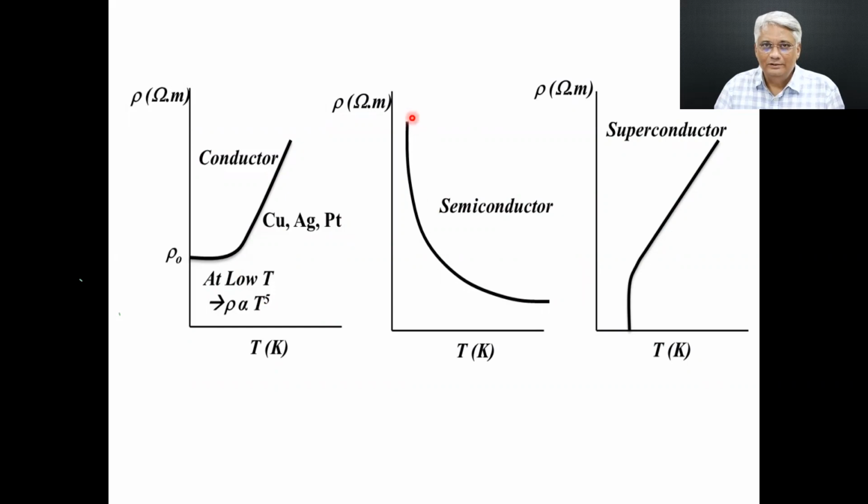This is a semiconducting behavior of rho versus T, and a superconducting material shows a normal state resistivity, right? And linear behavior, and then at the onset, it starts losing its resistance, and it offers no resistance to the flow of current, and the resistance vanishes, and that is a typical superconducting behavior.